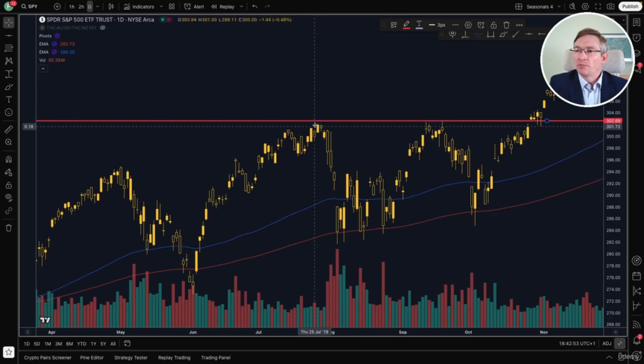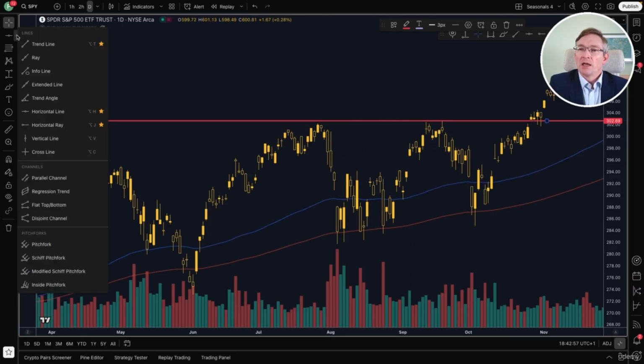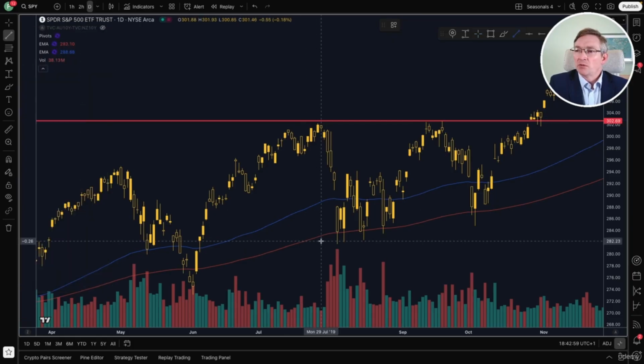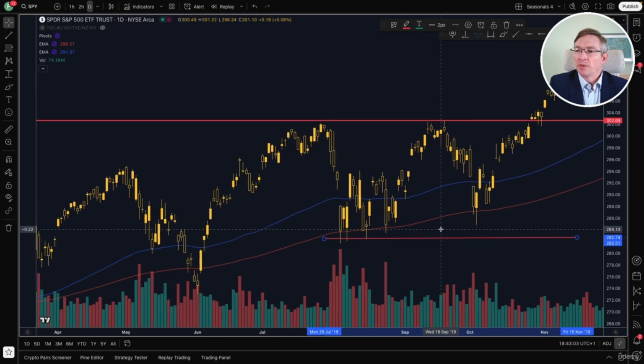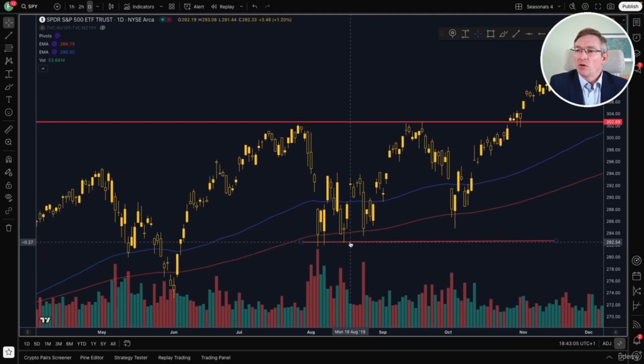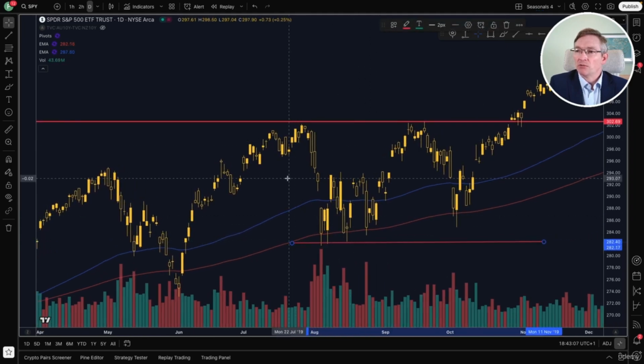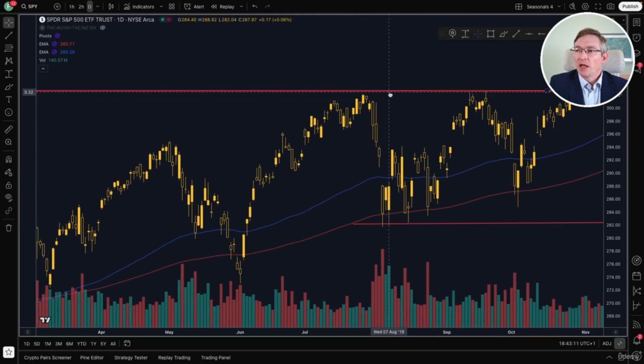There's this level, which price doesn't seem to want to go higher than. And there's this level, where price doesn't seem to want to go lower than. So obviously, you've got a resistance level here, which is stopping price moving higher, and you've got a support level here, which is preventing price moving lower.